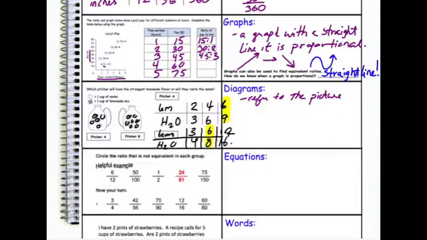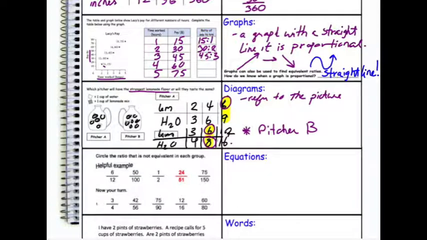So the more water I have mixed with my lemonade, the weaker the flavor is going to be. So the question says, what's the strongest lemonade flavor? And I'm going to go with picture B. Right? And that's because there's less water per the same amount of lemonade comparably in the jugs, right?